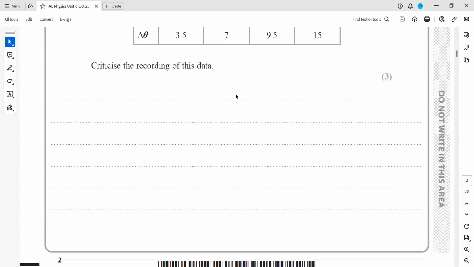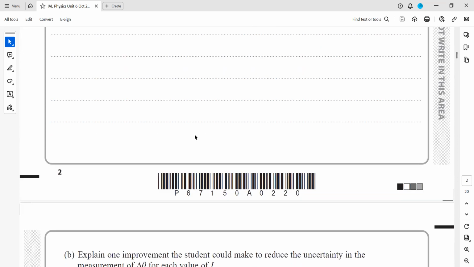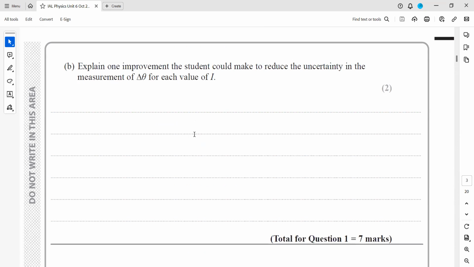Inconsistent significant figures, yes, you can say that as well. Here there are two significant figures, one significant figure, then two, then two. So inconsistent significant figures, you can also criticize the results this way, as it was in AS as well when we criticized results.